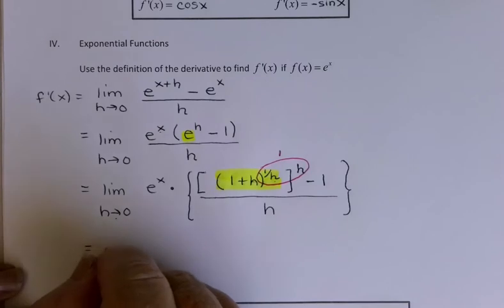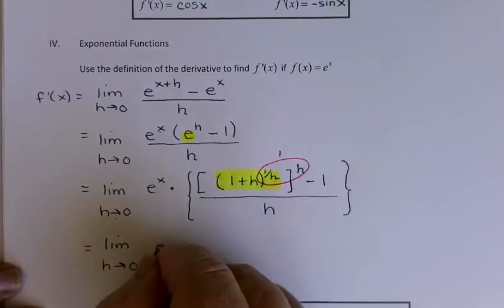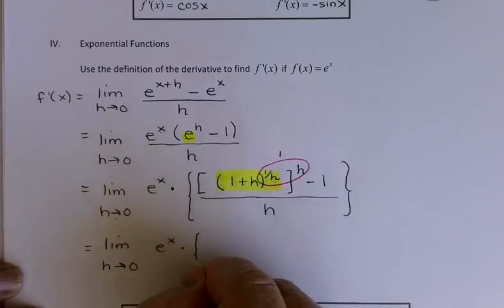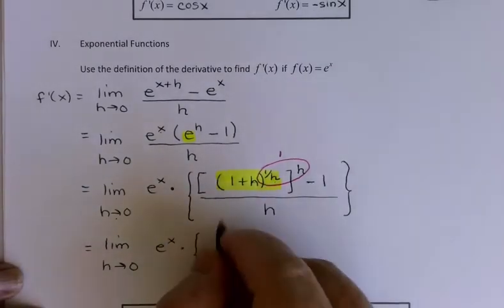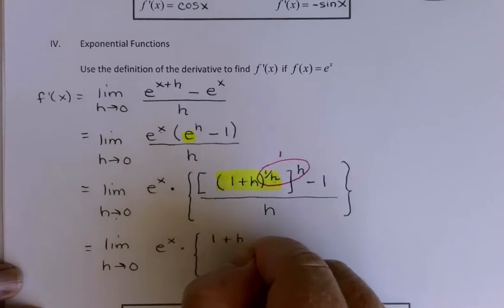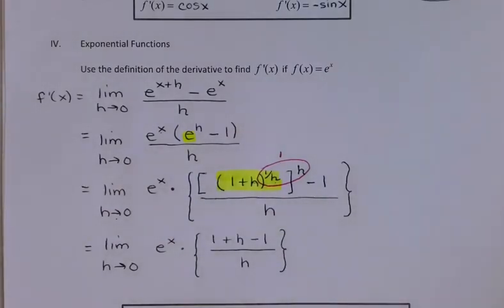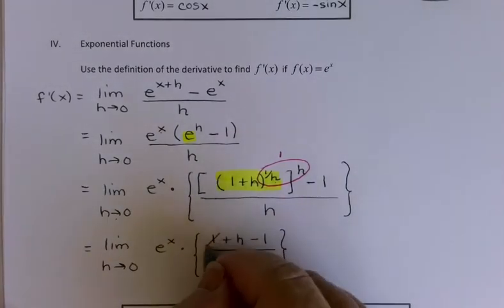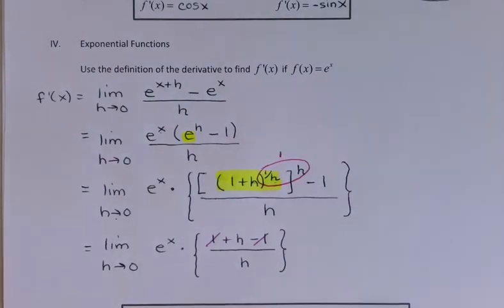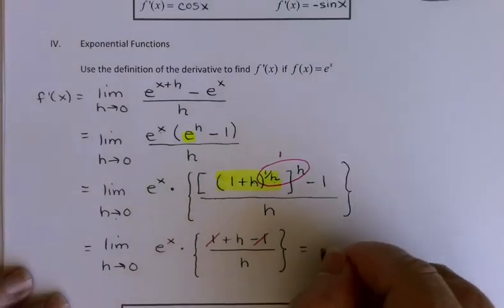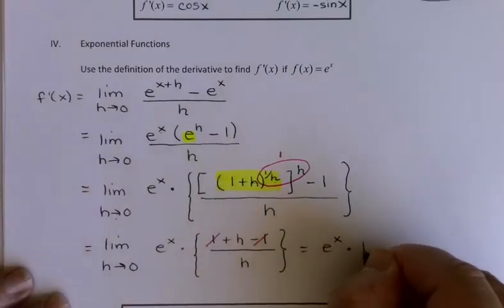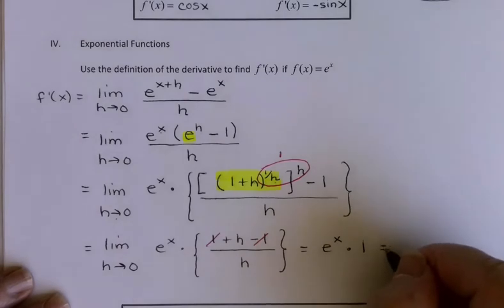So what I've got here is the limit as h goes to 0 of e to the x times 1 plus h to the first, or just 1 plus h, minus 1 over h. And that just got a lot better. 1 minus 1 is 0, and then of course h divided by h is just 1. So this is e to the x times 1, or simply e to the x.